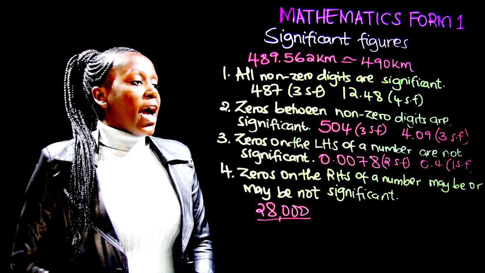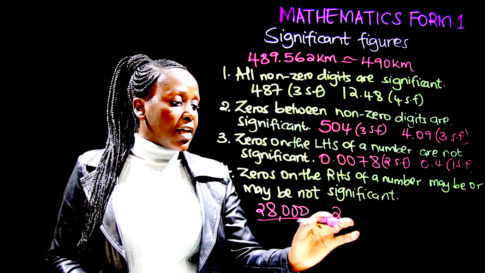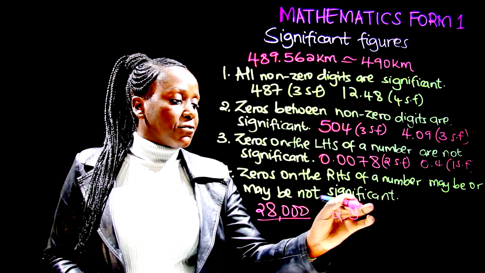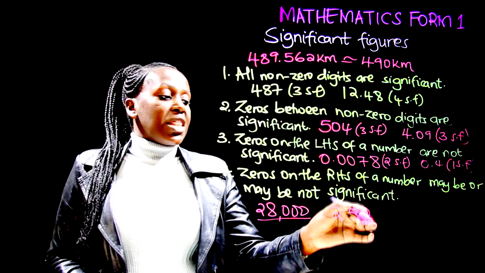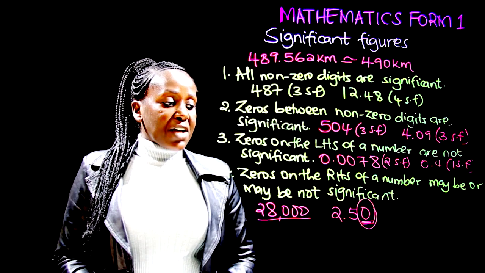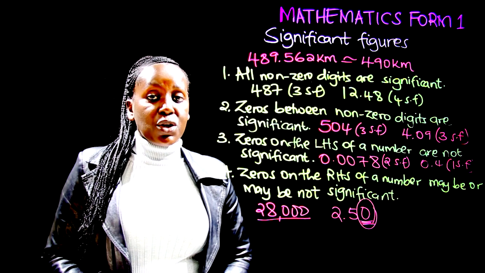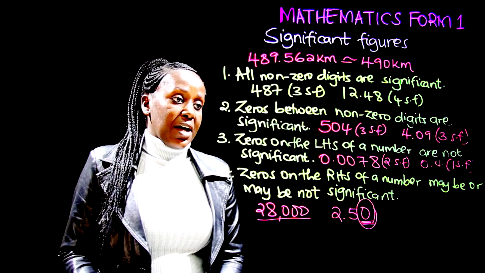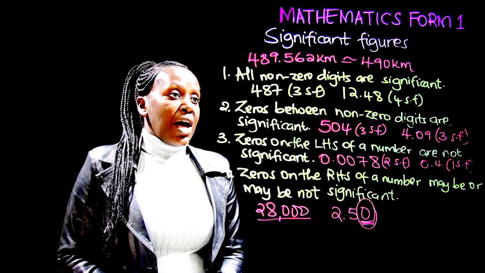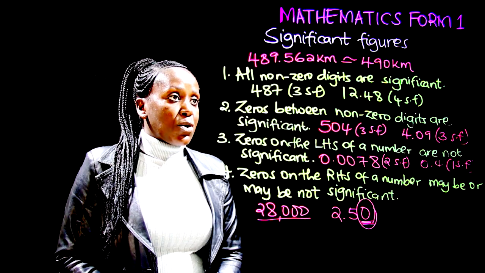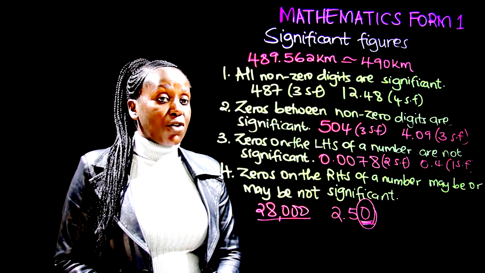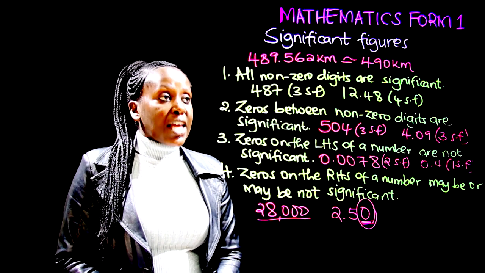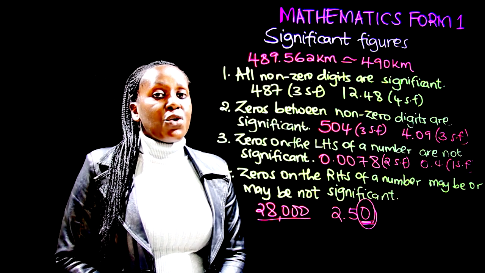However, if you have a number like, let's say, 2.50, same case applies to the 0. There are times when it's going to be significant, and there are times when it's going to be insignificant. So what we're going to do now is do some examples, writing numbers correct to a specified number of significant figures, and then practice the 4 rules.